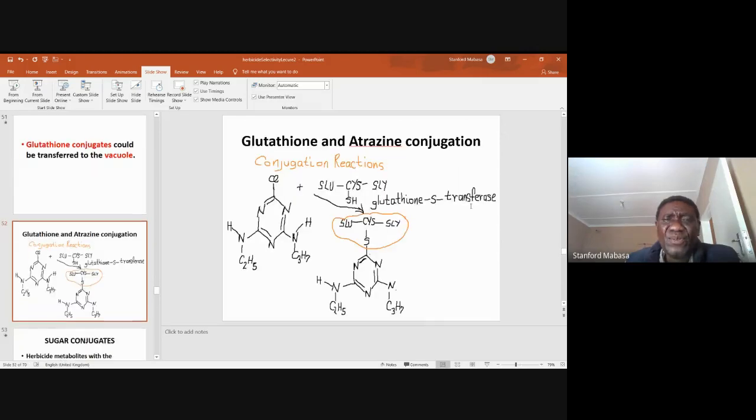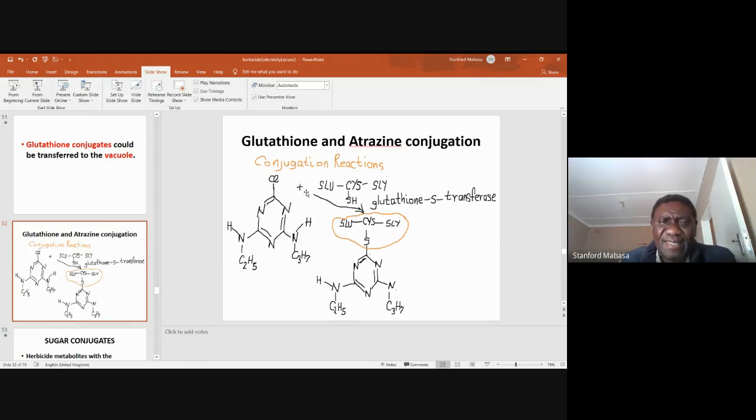Here I'm going to give you an example of atrazine because in maize, the selectivity of atrazine is basically based on the glutathione activity. In fact, glutathione will not wait for atrazine to be converted to an OH in phase 1.